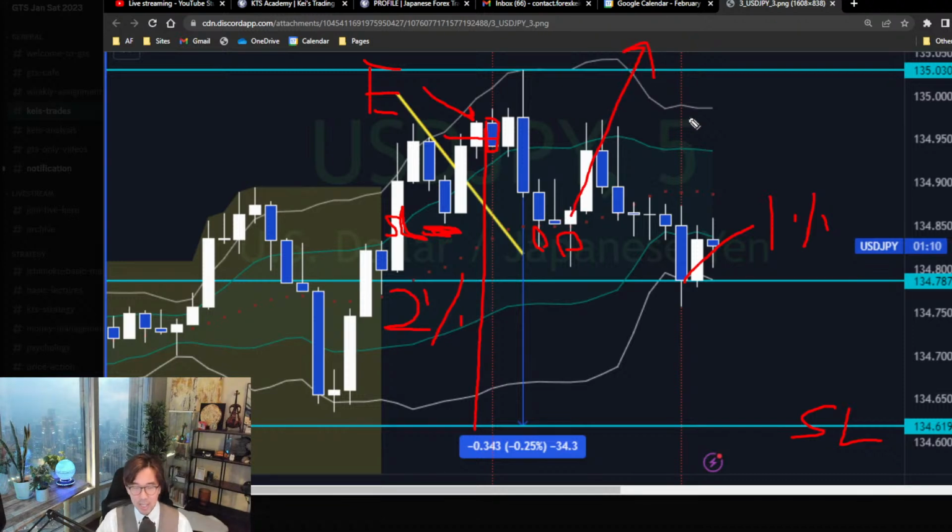So instead of placing the stop loss at the most recent low, I prefer to have enough buffer to the stop loss, so that my stop loss is not going to be hunted, and then I expect the market to go up towards my direction continuously. So that's how I manage my stop loss.